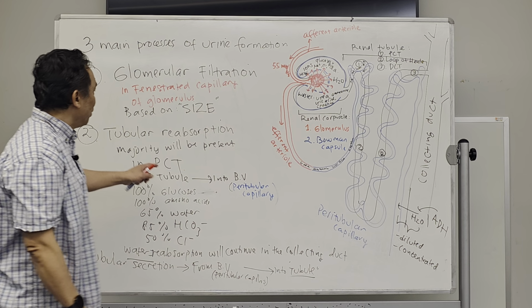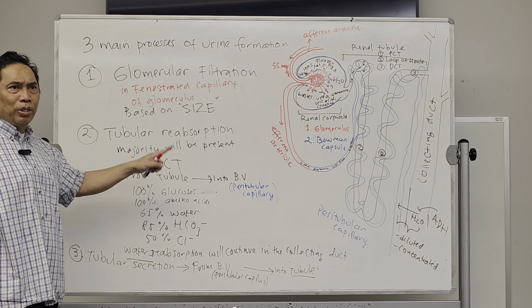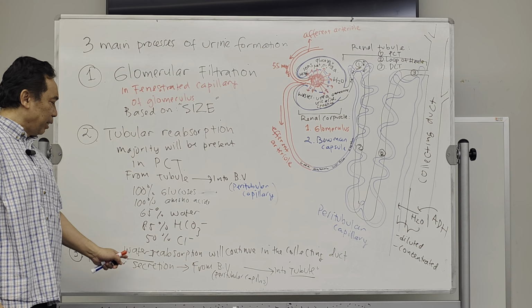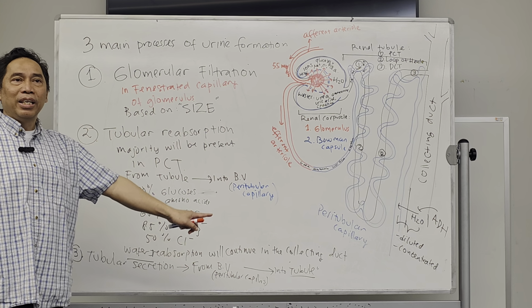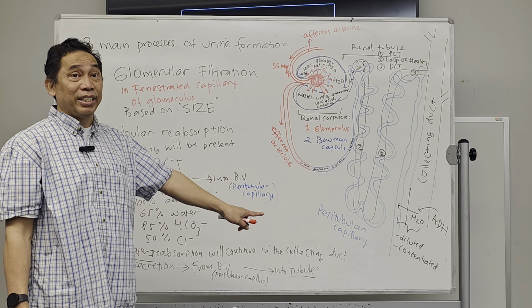So it is the opposite movement of reabsorption. Reabsorption comes from the tubule to the blood vessel. The secretion will be from the blood vessel into the tubule, because the tubule is actually the place for waste.